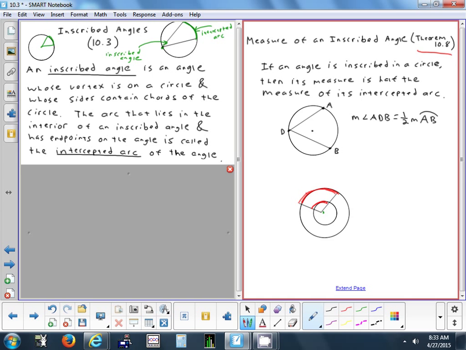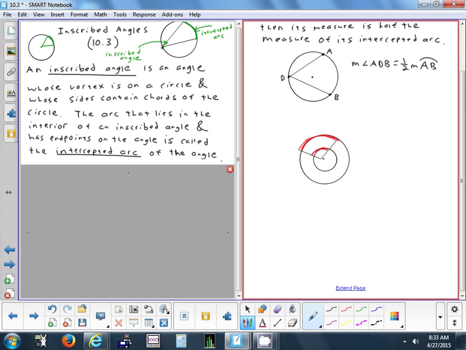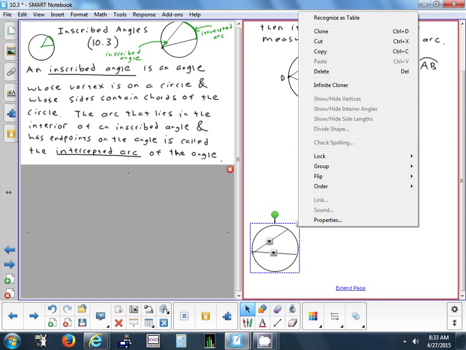And Luke, it doesn't matter what size picture you have. Let's say we had this. Let's make an angle right here. Now let's take the same picture and make a bigger version of it. Let's group that all together.